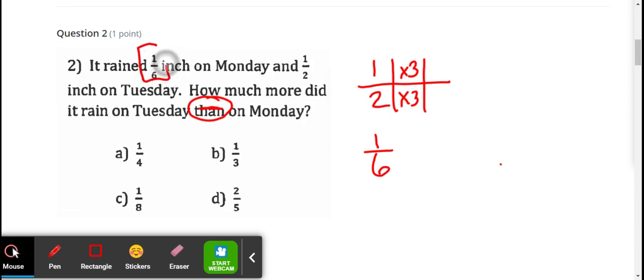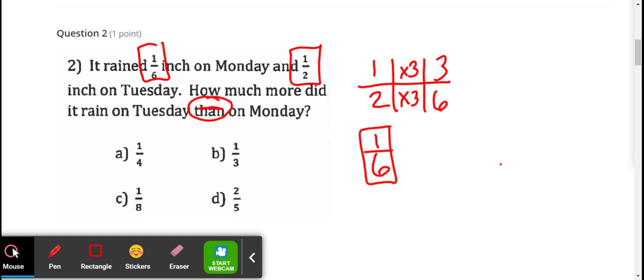So we have some rain. There's 1/6 and 1/2. And it looks like 1/6, we don't need to change that because 1/2 has a multiple that works with 1/6. 2 times 3 is 6. 1 times 3 is 3.